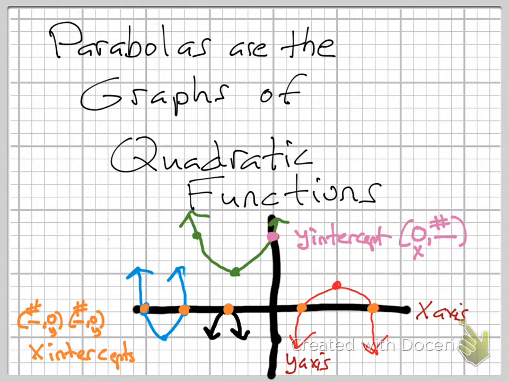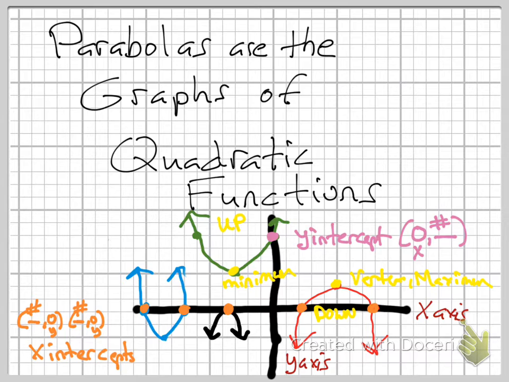So there is a number that we can find that would go with the zeros, whether you have X-intercepts where the Y's are 0, or Y-intercepts where the X value is 0 and the other has a number. Now, the next thing to talk about is whether it opens up, like this one opens up, and then this vertex is a minimum. Or if the vertex is a maximum because this opens down.